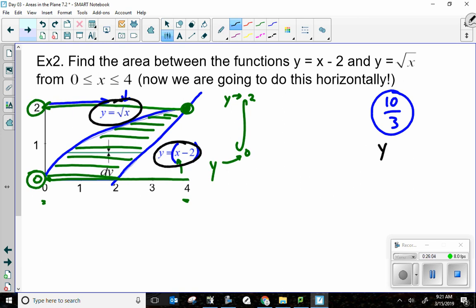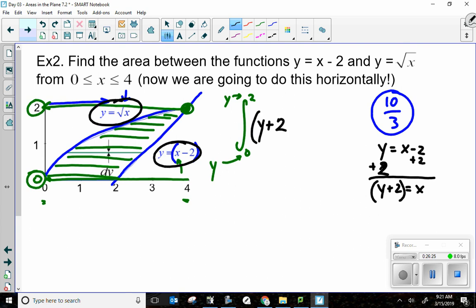The first one's easy. If y equals x minus 2, I'm just going to add 2 to both sides. So I get y plus 2 equals x. Okay, this is in terms of y of my bigger function.